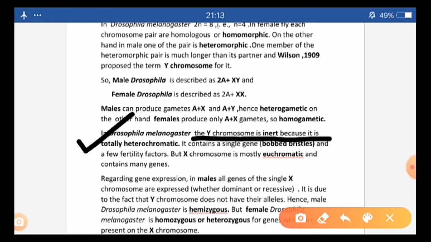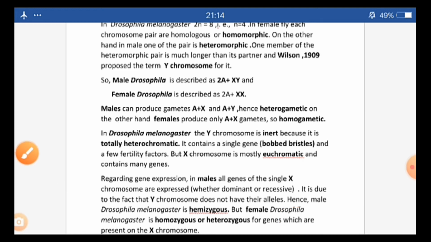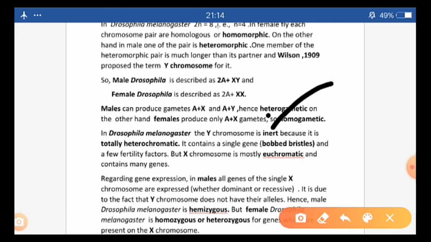It is clearly written that Y chromosome is inert because the Y chromosome is totally heterochromatic. Okay, that is, the Y chromosome is heterochromatic, and due to this heterochromatic nature, the Y chromosome is inert. Clear? So in case of male Drosophila, it is having 1 X and 1 Y chromosome. X is active whereas the Y is inert.